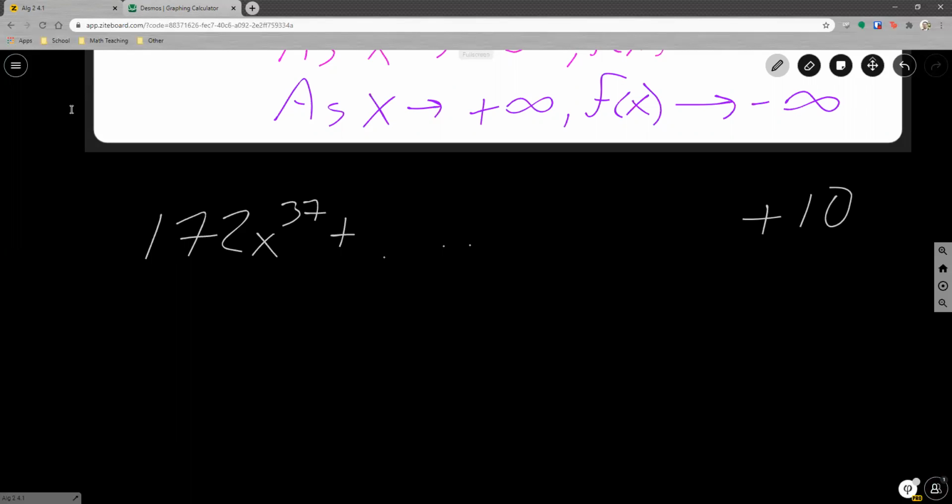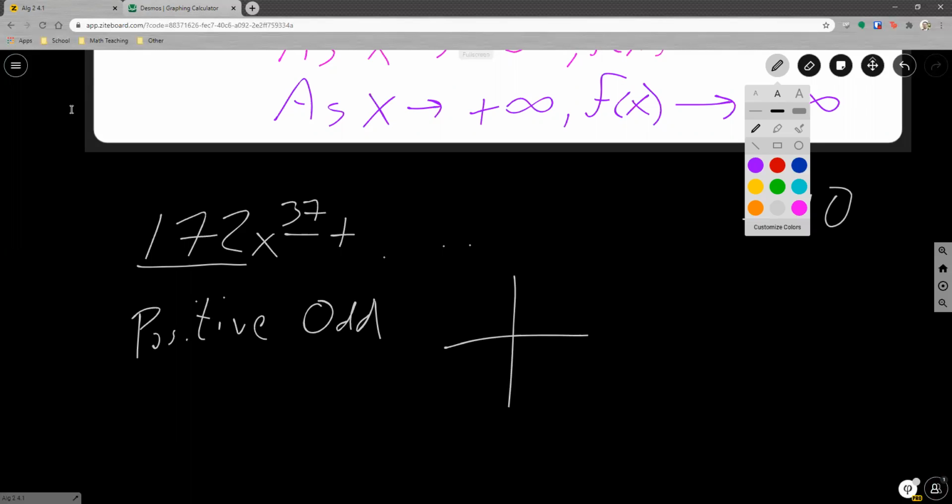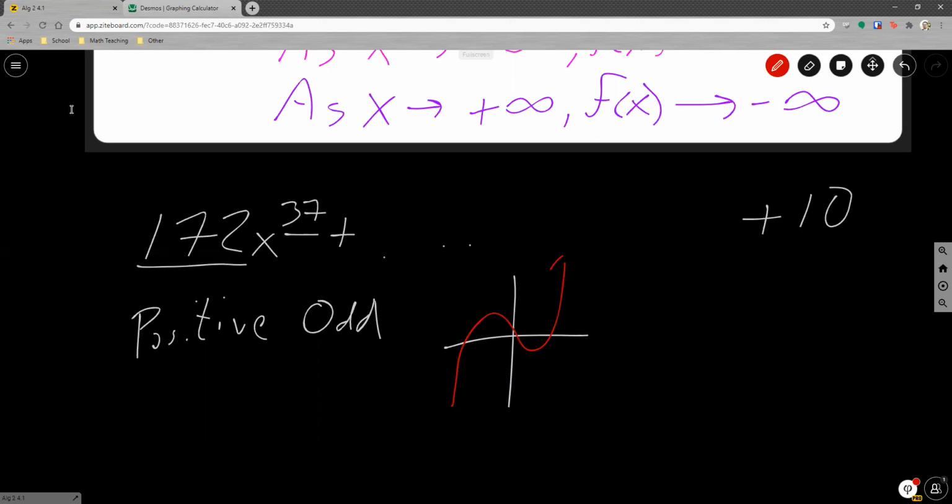All those other terms don't matter because I've got a positive leading coefficient and an odd degree. I know that the graph in general terms will look something like this.